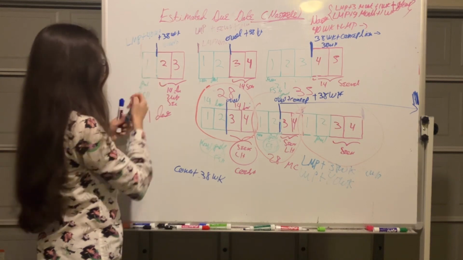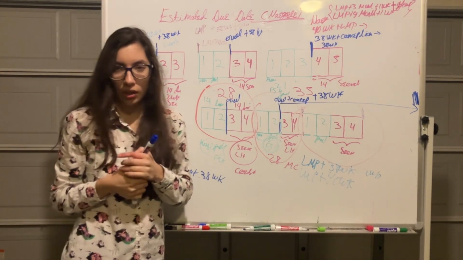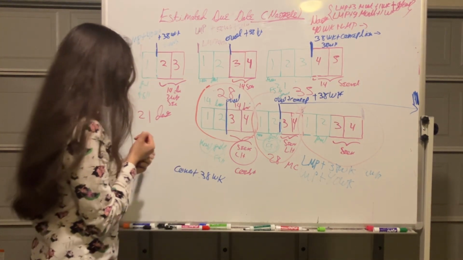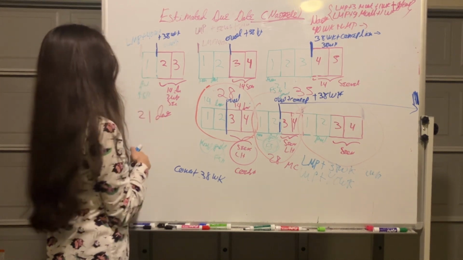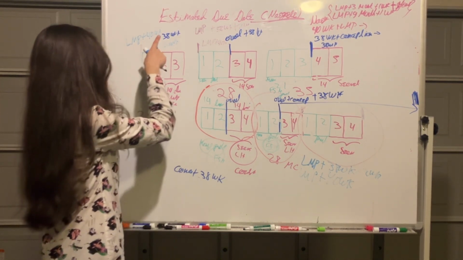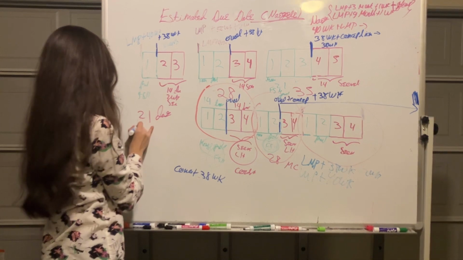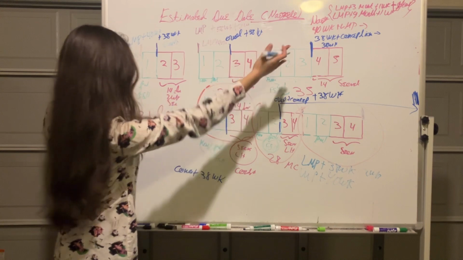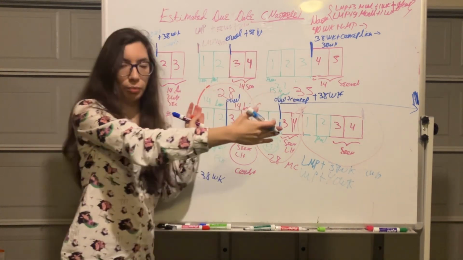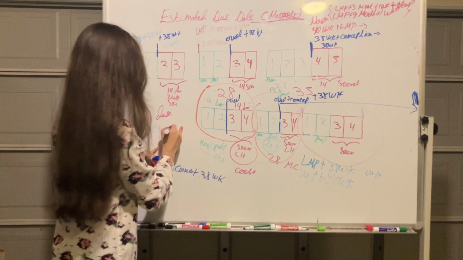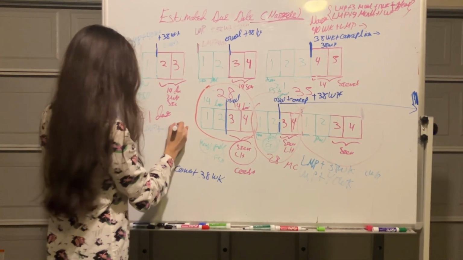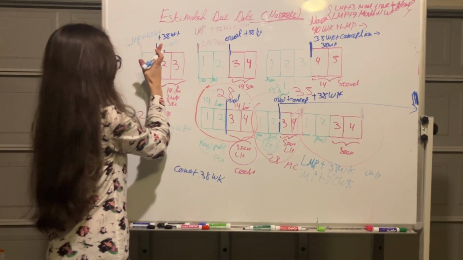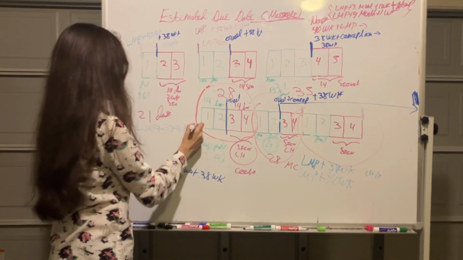So if in this case we were going to estimate the due date based on the last menstrual period, the correct mathematics would be last menstrual period plus again the 38 weeks, which corresponds to the duration of the pregnancy starting from conception, plus the difference between the last menstrual period and the conception date, which is 1 week.